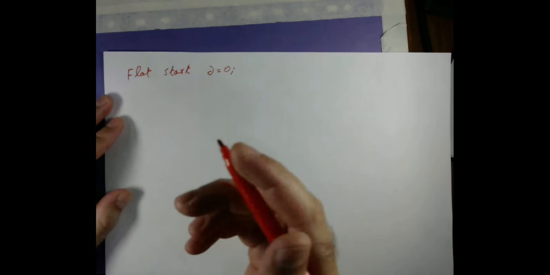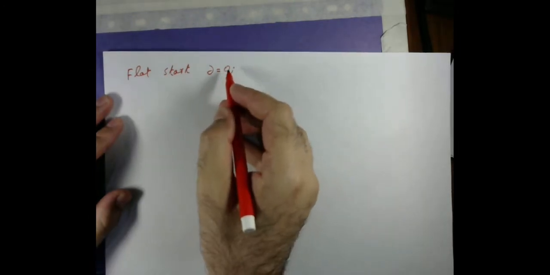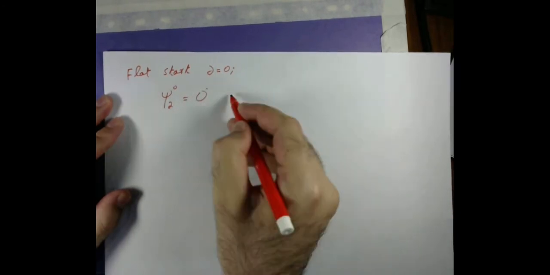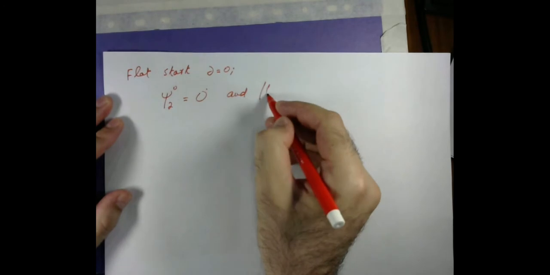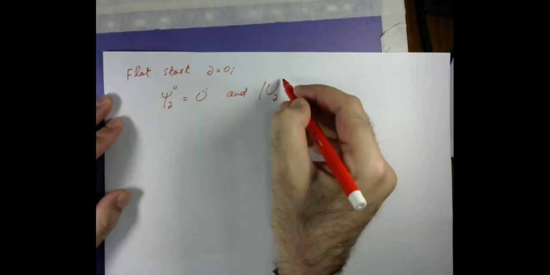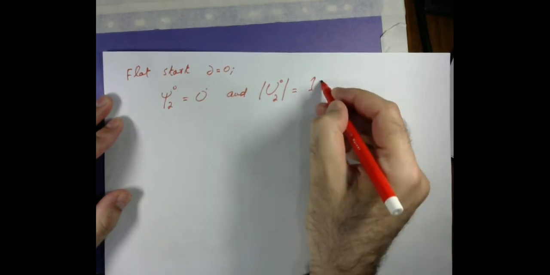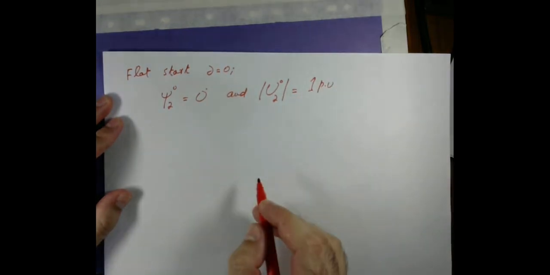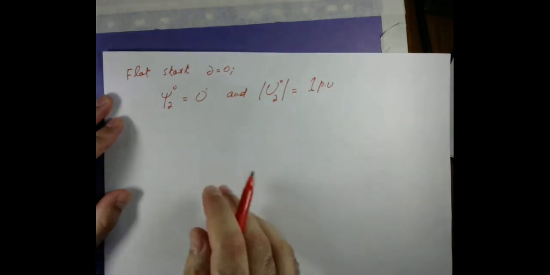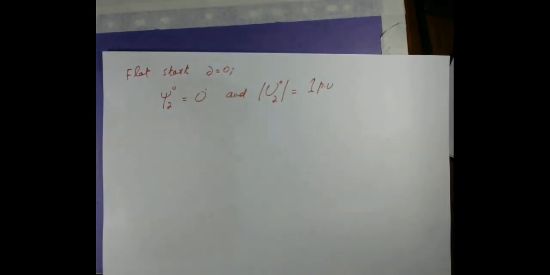So we will use the same knowledge. For rho equal to 0, we need to make an initial guess, and you know that in the flat start we assume psi 2 0 equal to 0, and the magnitude of the voltage at the load bus, as a guess, will be equal to 1 per unit.